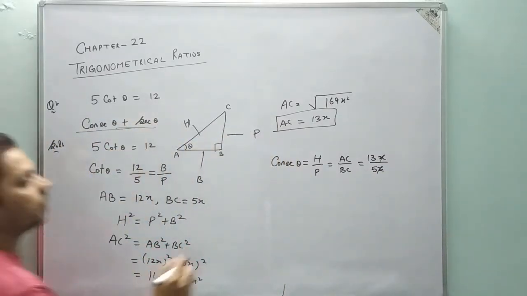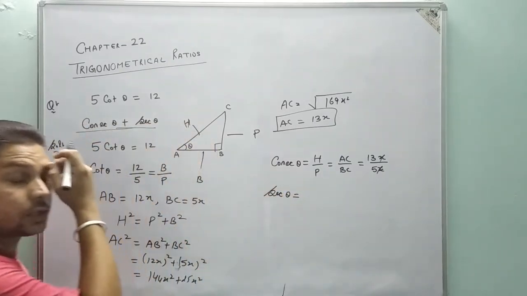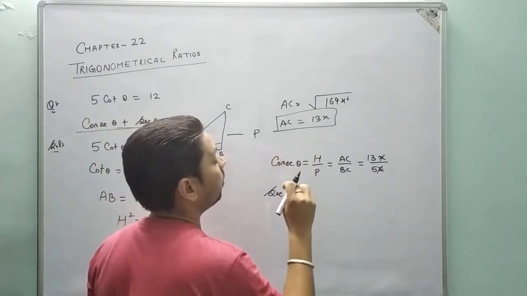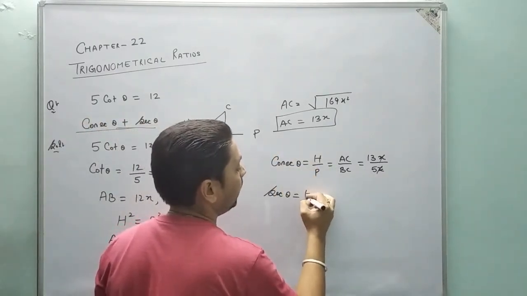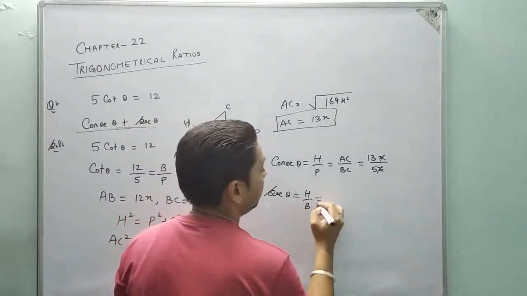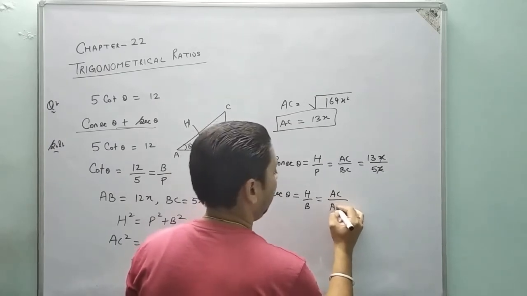Next we have to find the value of secant of theta. Secant is inverse of cos. Cos is base upon hypotenuse, so it will be hypotenuse upon base. Hypotenuse is AC, base is AB.